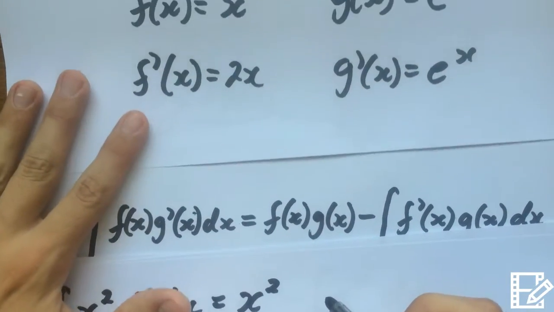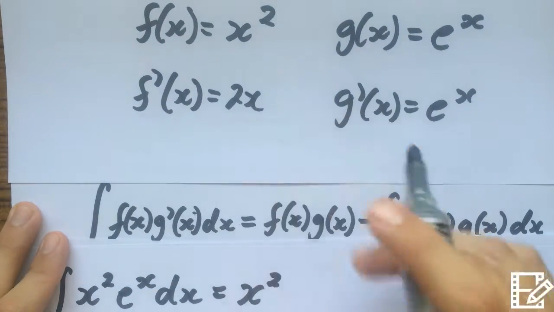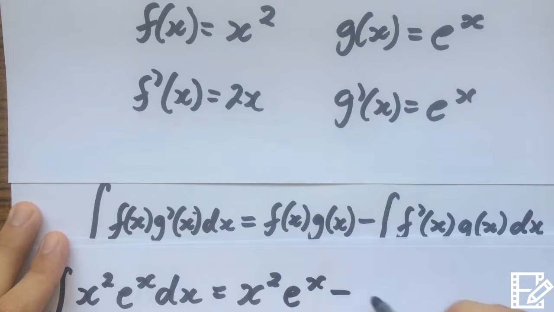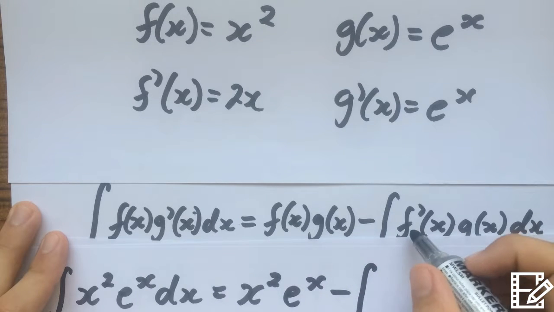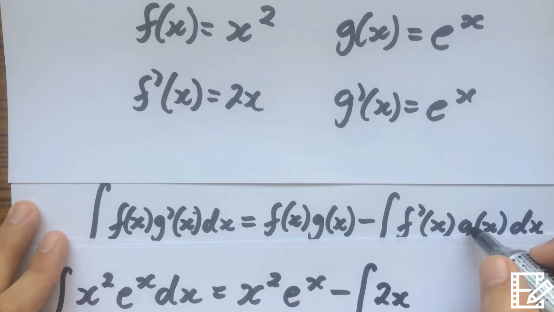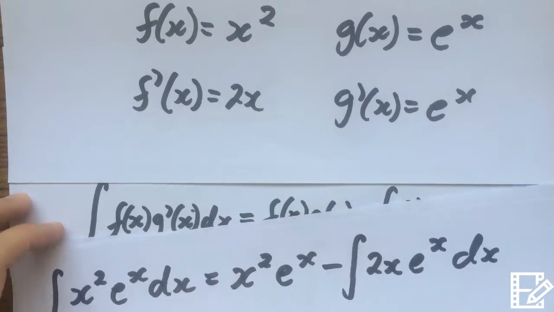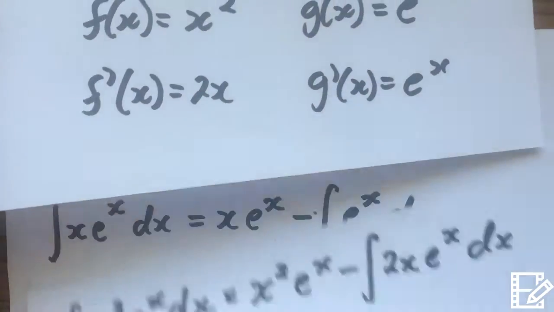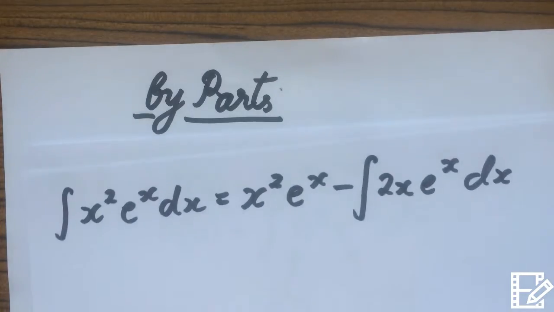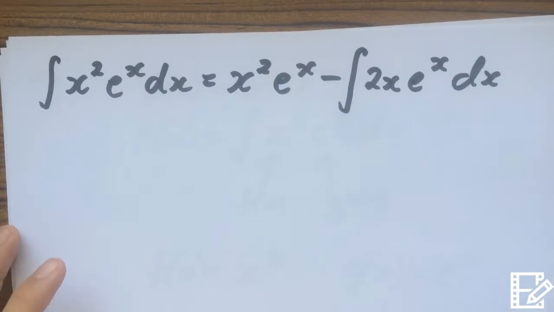We also need g(x), e to the power of x. Subtract the integral, f dash of x, 2x, g(x), e to the power of x, dx. Now, here is where we come close to the part where we need to find the second integration by parts.